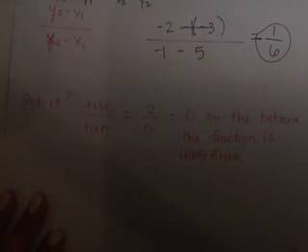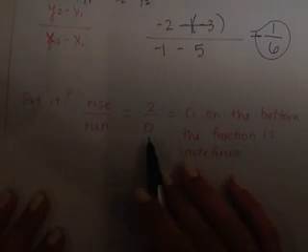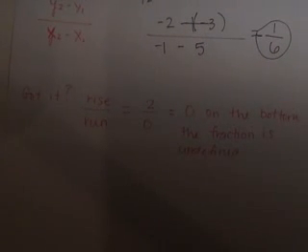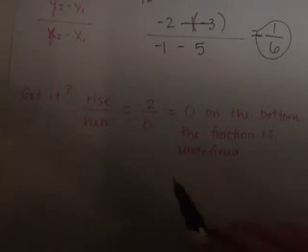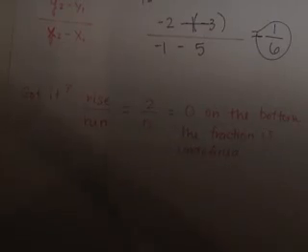This last part, we rise 2 and we run 0. So let me show you the graph for that. As you can already see though, 0 is on the bottom. So 0 on the bottom of the fraction is undefined.